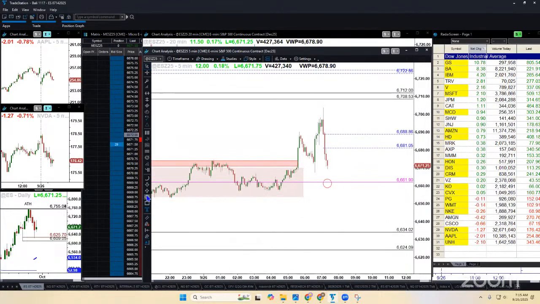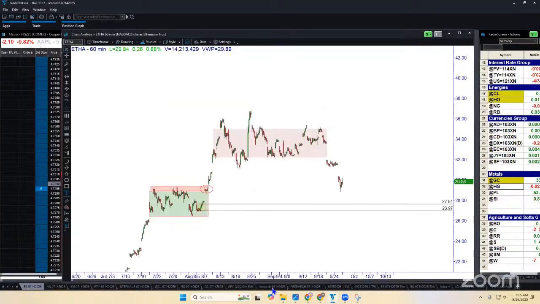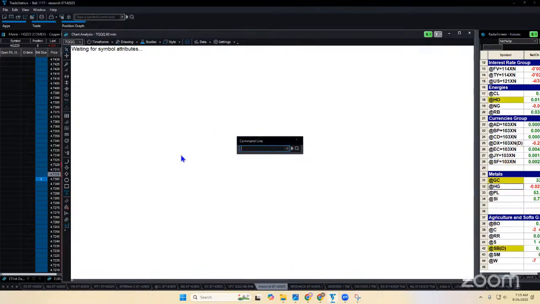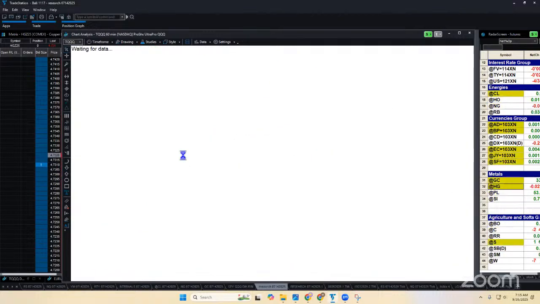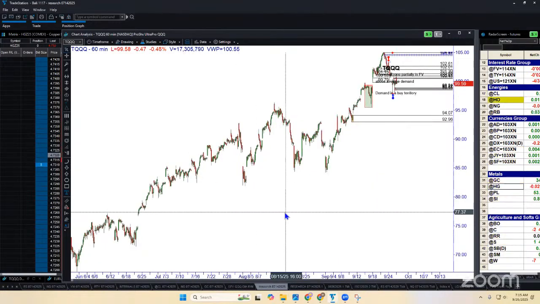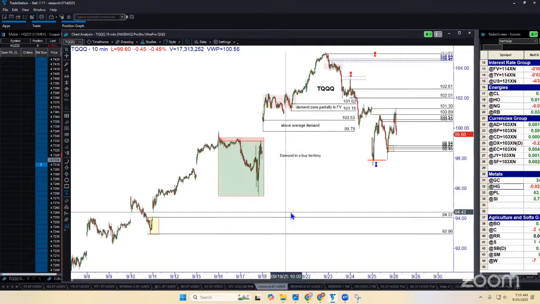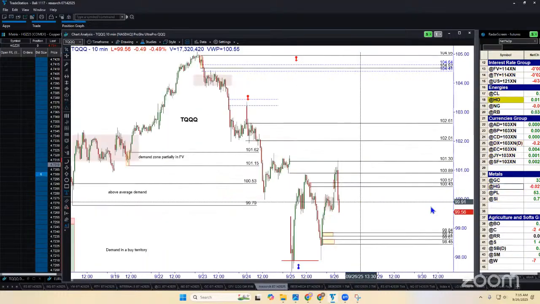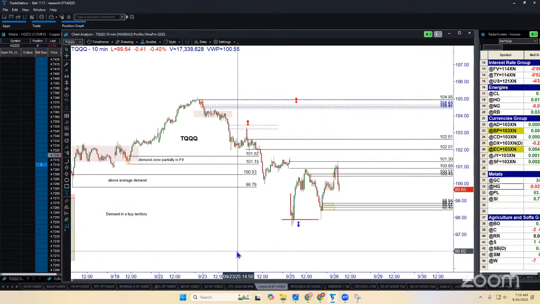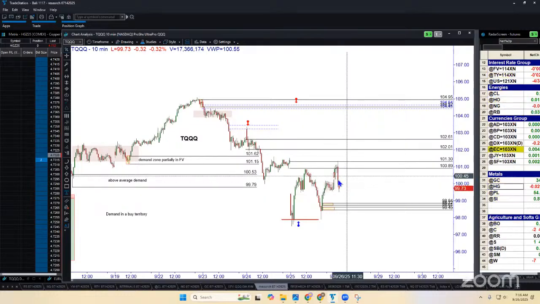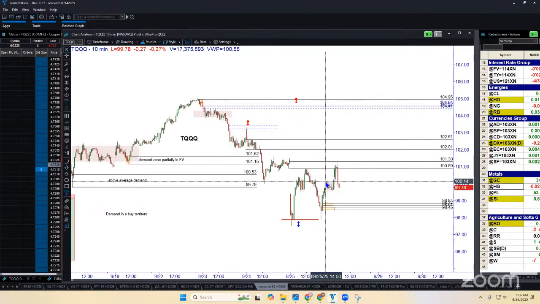I'm going to have to wait now for demand on that 6634 area. Stocks often play out really nice with these areas too.